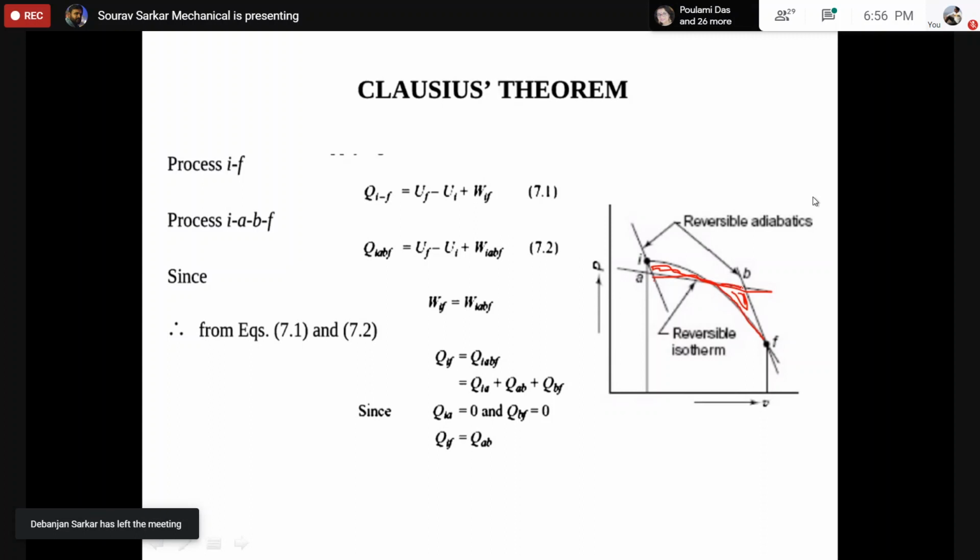So I will draw this isothermal line so efficiently that I can make W_IF equal to W_IBF.